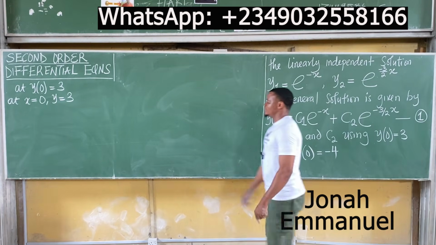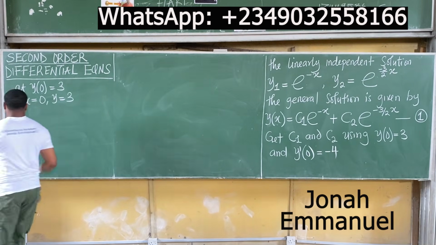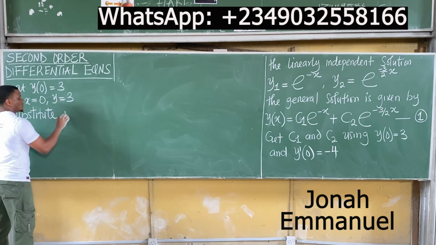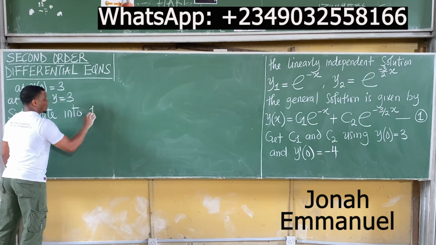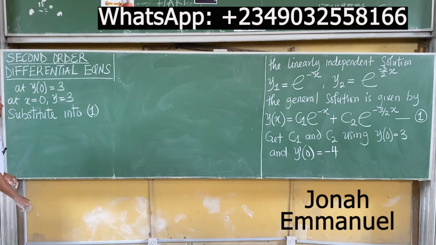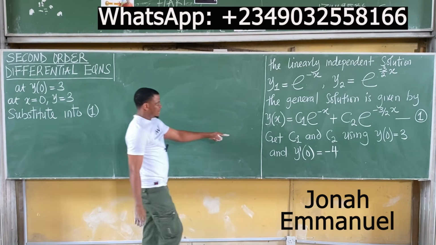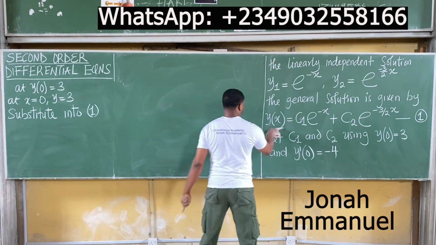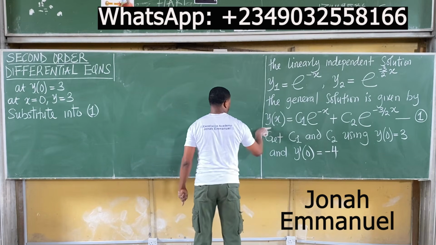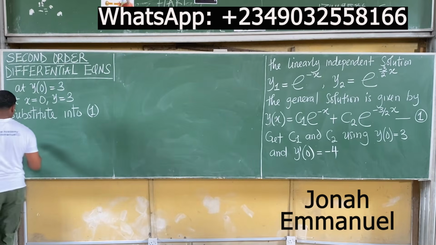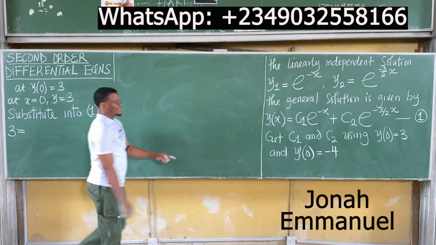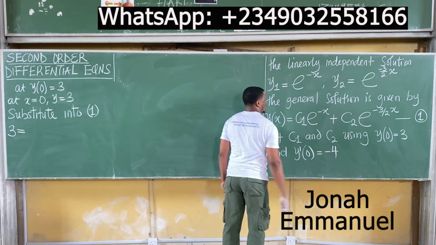Let me substitute that into equation 1. That means when x is 0, y is 3. So 3 is equal to, wherever I see x, I'll put 0.